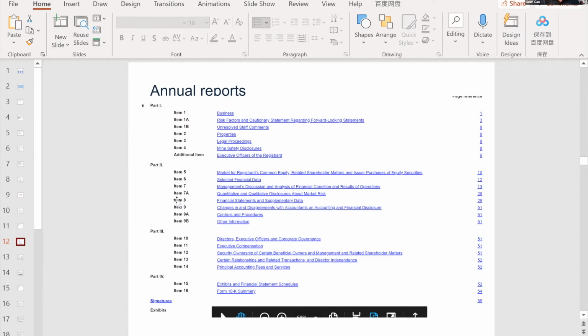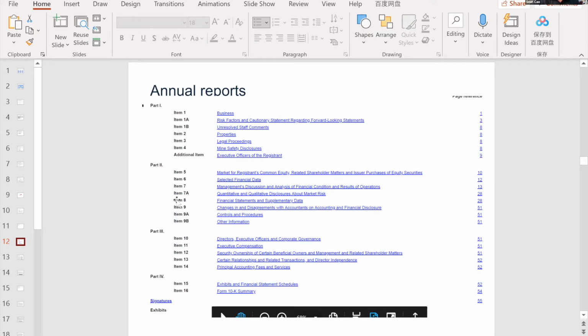So basically, for item 10 and item 11, executive compensation and the directors, you can find more detailed information in the proxy statement. The proxy statement is called Form 14A. Form 14A is the official label, but normally people call it the proxy statement.